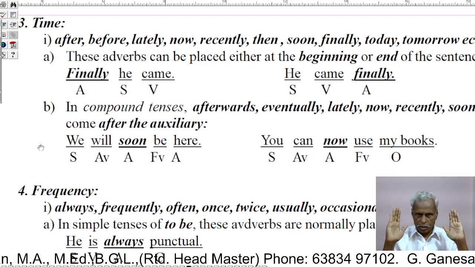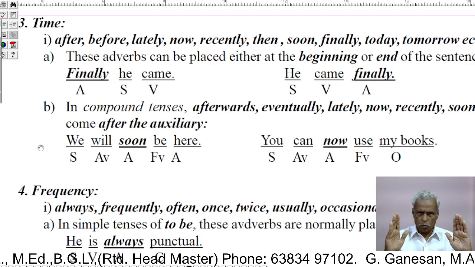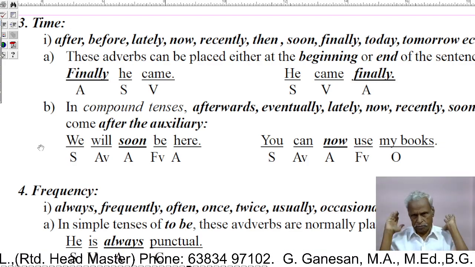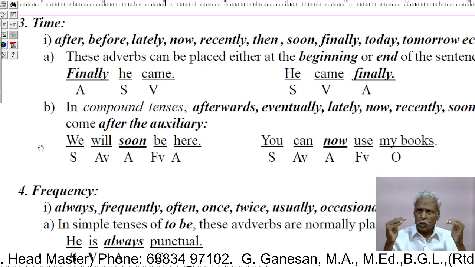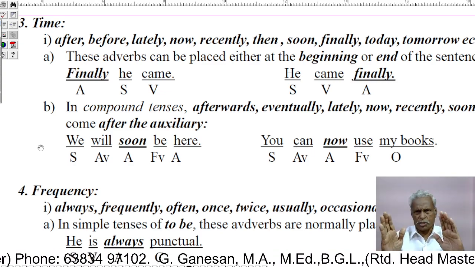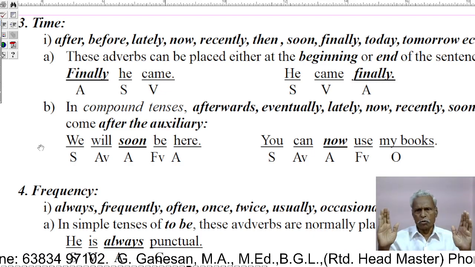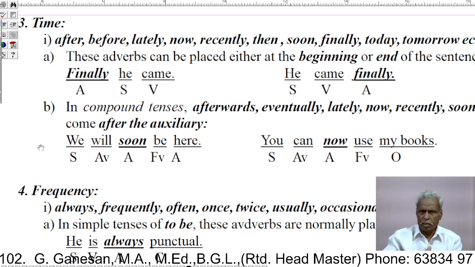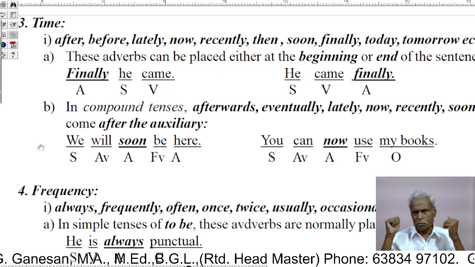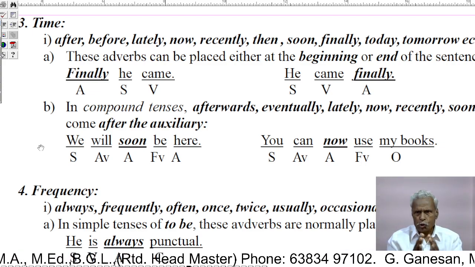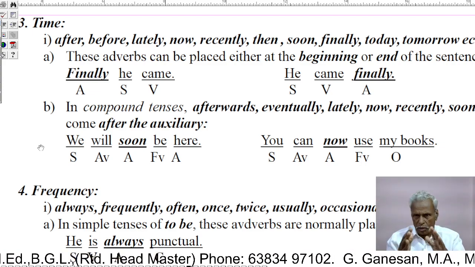Auxiliary verb, adjunct, finite verb: will soon be here. The second model: you can use my book is the sentence. Here we have to use the adverb now. You can now use my book.